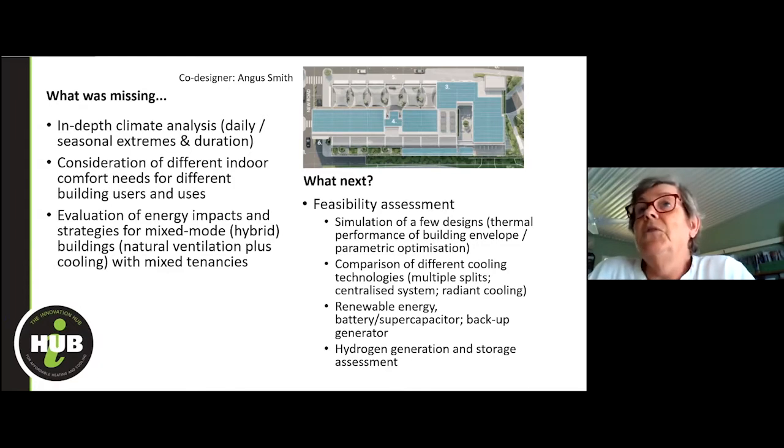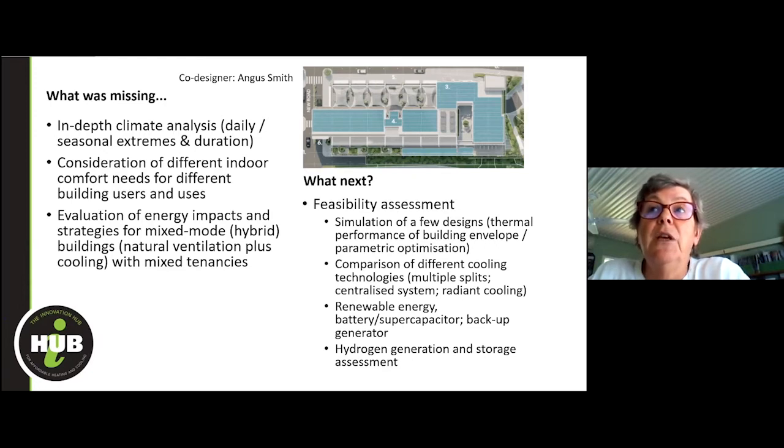So what's happening next in this studio is feasibility assessments by the consultants. We will simulate a few of these designs, like the thermal performance of the building, and undertake some parametric optimization analysis, comparing different cooling technologies.